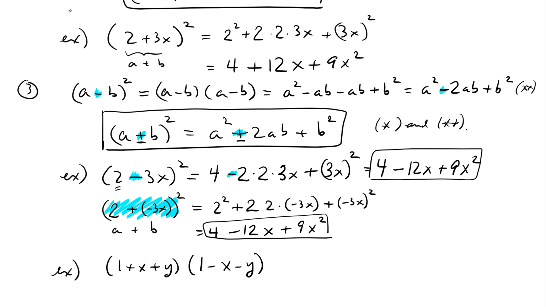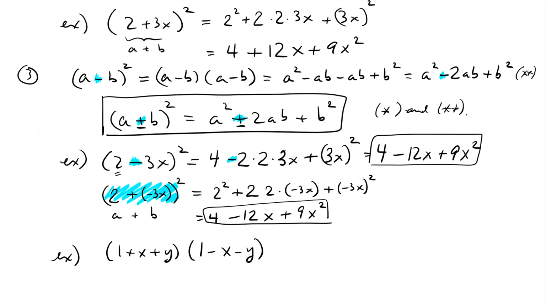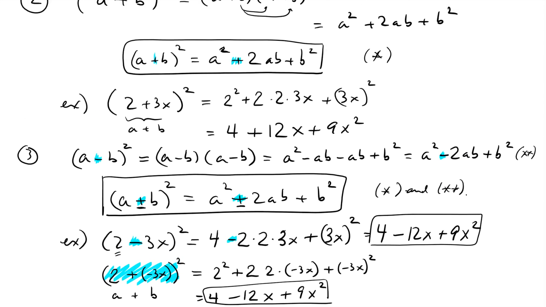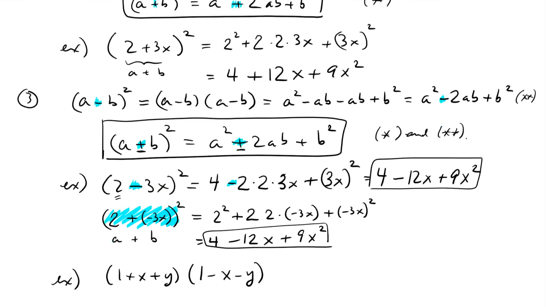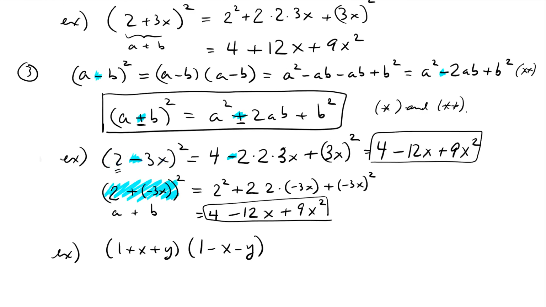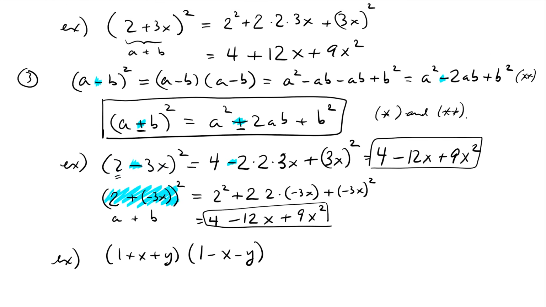Now that doesn't look a lot like anything we've done so far, because every formula that I have only has 2 terms added or subtracted inside my brackets. So here I have 3: 1, x, y or 1, minus x, minus y. So I have 3 terms each time. So it seems like I can't apply any of the stuff I had before.